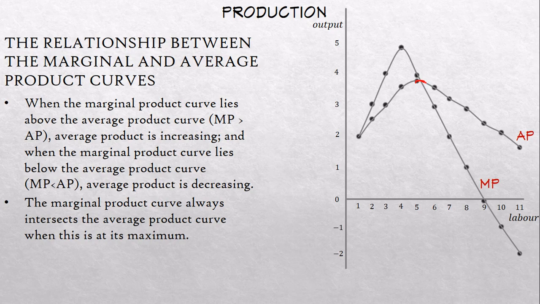So this is the maximum of the average product, and that is where the marginal product intersects the average product. That is the third one. The marginal product and the average product intersect when the average product is at its peak. So when this is at its maximum, that is where the marginal product and the average product intersect.